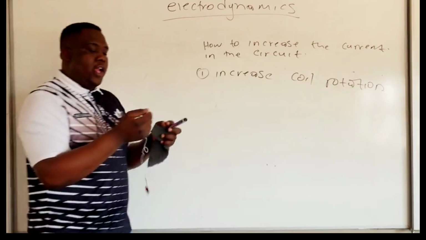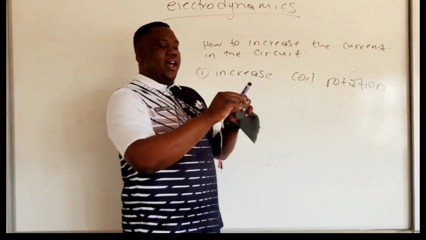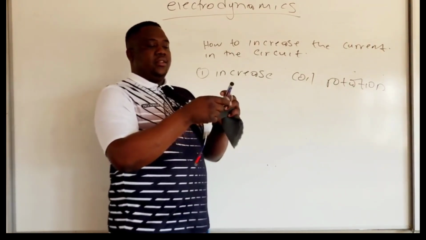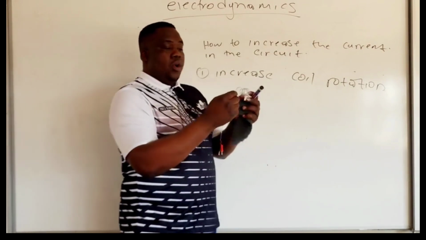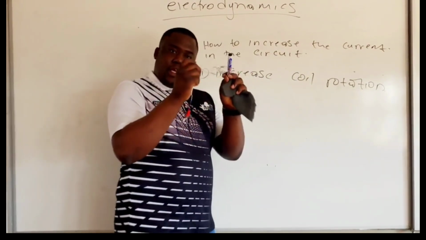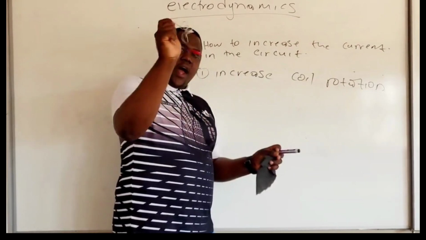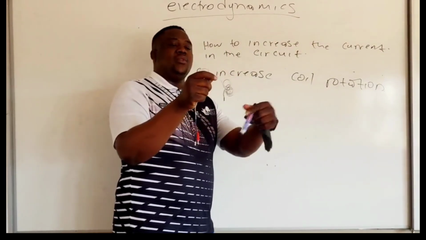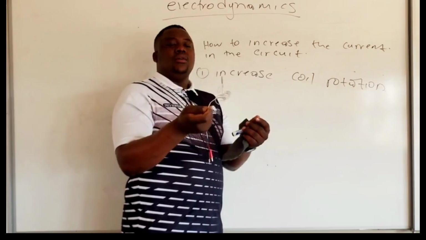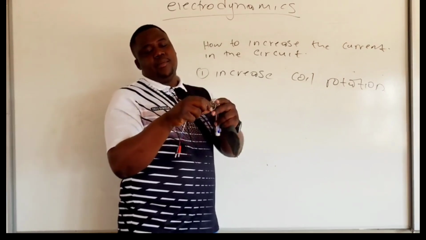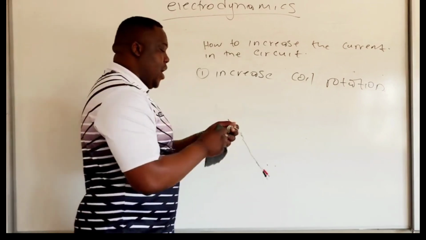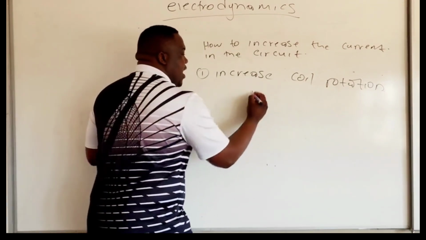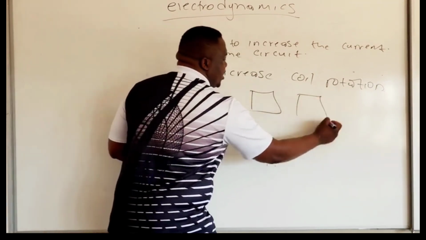Remember, a coil is this wire that I have coiled. Coil rotation means this electric conducting wire which I have coiled, we call it a coil simply because I've coiled it. So if I want to increase the current, then I want to increase the voltage.